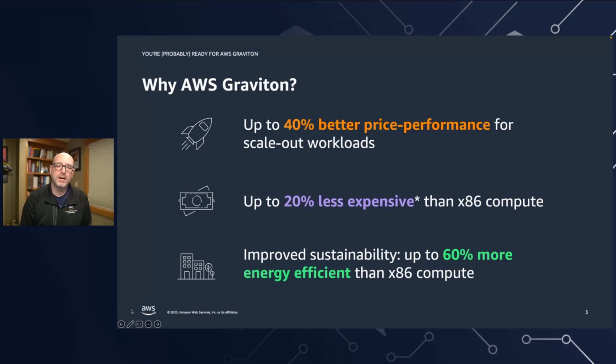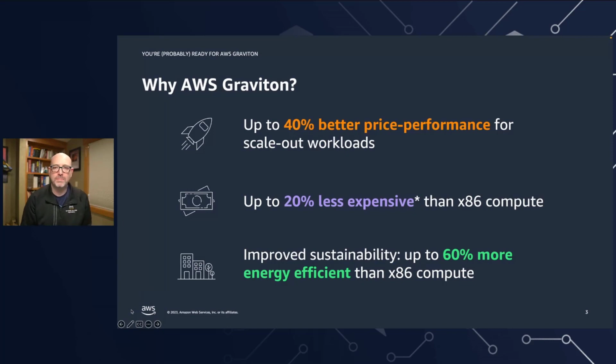One is each instance costs up to 20% less per instance hour than x86 compute. So this basically means that for every Graviton instance that you use, you're paying up to 20% less for the same number of vCPUs, the same amount of memory, the same instance storage, the same networking. So that's savings that you can begin to bank on right away.